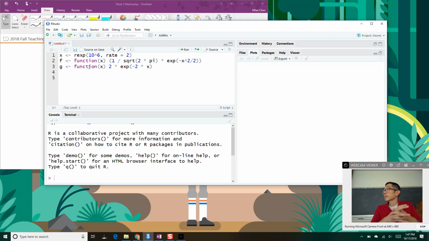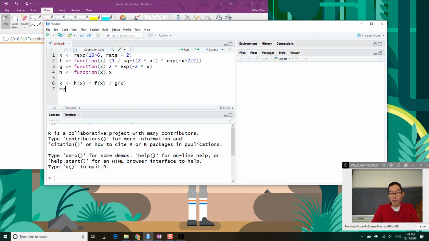Is that okay? All right, and then our h, this seems unnecessary, but our h of x is just x. So we're going to generate x, and then I'll call this k. K is going to be the product of h of x times f of x divided by g of x.